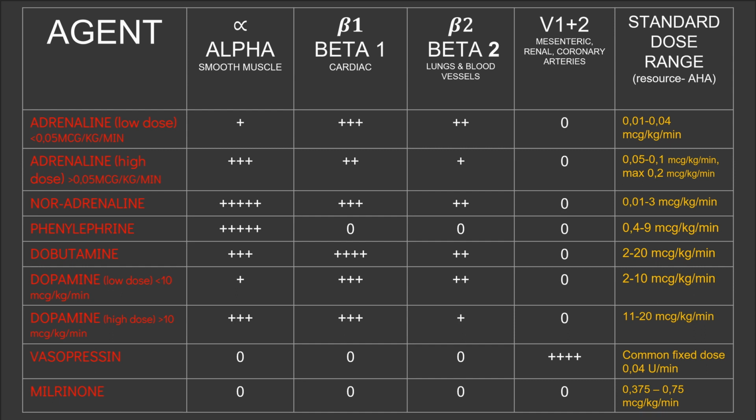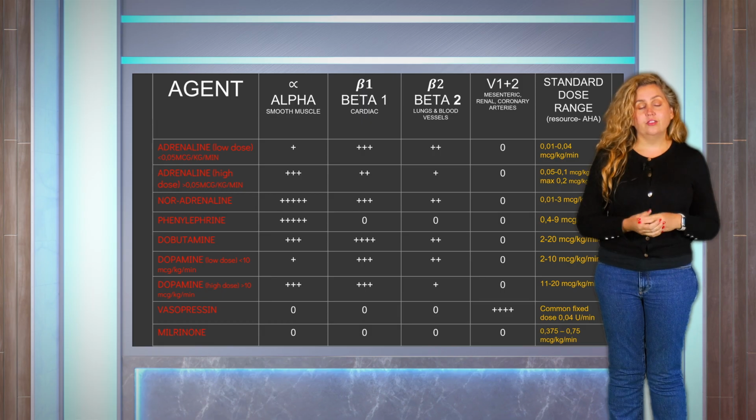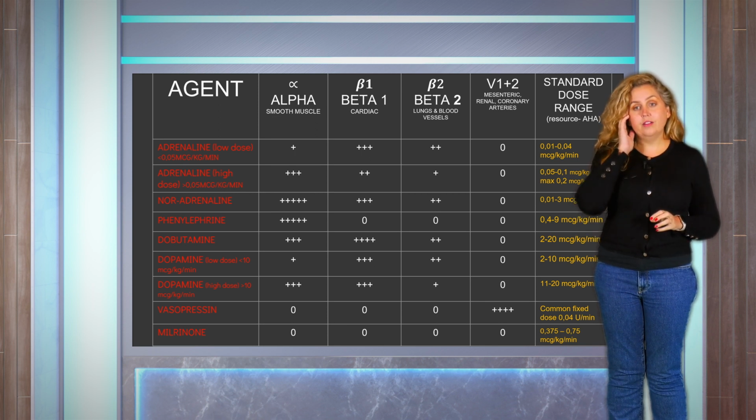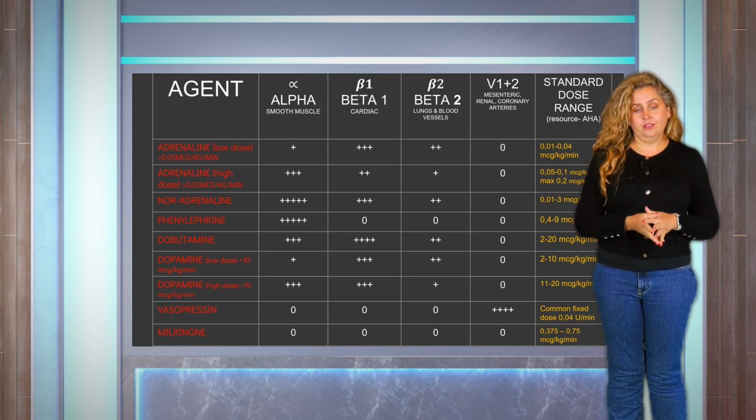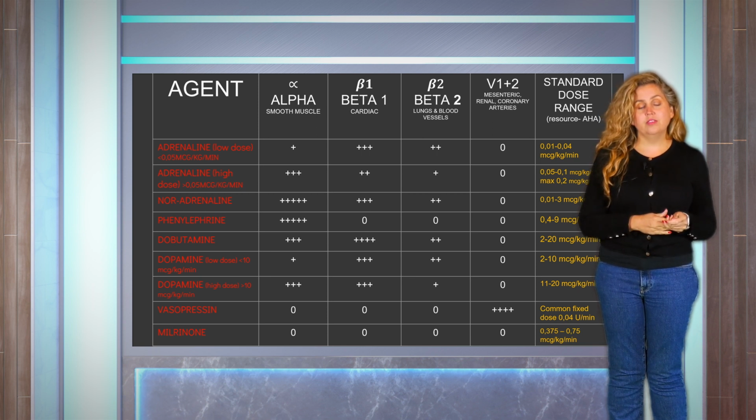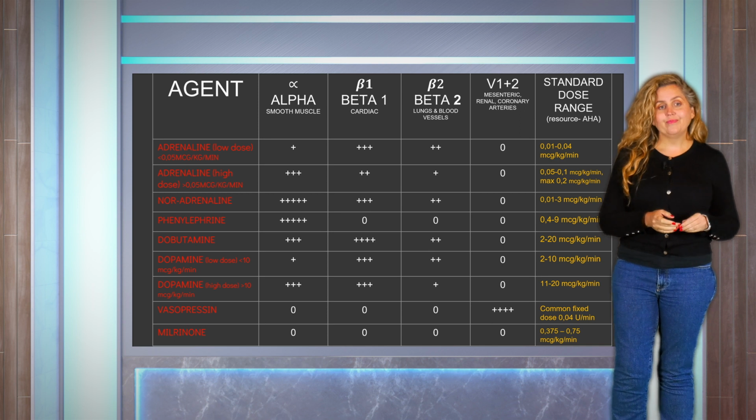So a low dose adrenaline is classified as 0.05 micrograms per kilogram per minute, and anything above that is classified as high dose. And I'll just mention now that the majority of this slide was compiled from the American Heart Association's information. There's an updated version of this which you can have a look at on their website, but most of the information was taken from there.